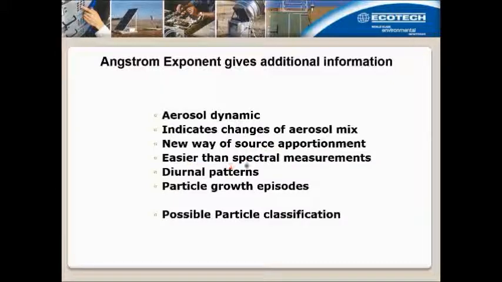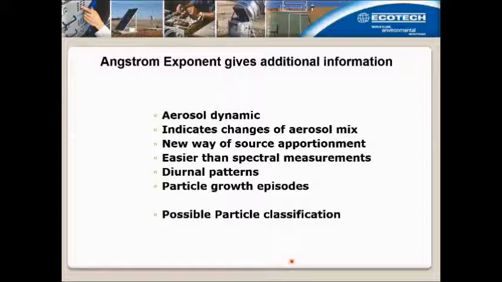They are easier than spectral measurements, because you can just calculate them and run them like a regular time plot, and you just look at them. The diurnal patterns can be looked at, particle growth episodes, and there is even a possible particle classification.